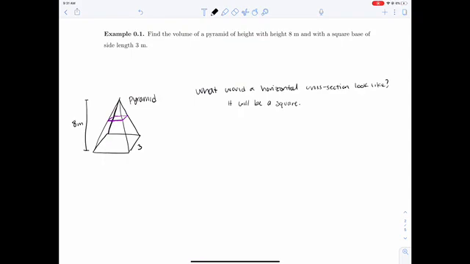A vertical cross section, which would be going perpendicular to the x-axis, would be a rectangle. Let's use the horizontal cross sections instead, since it's a square, and now we just need to figure out the side length of this square.